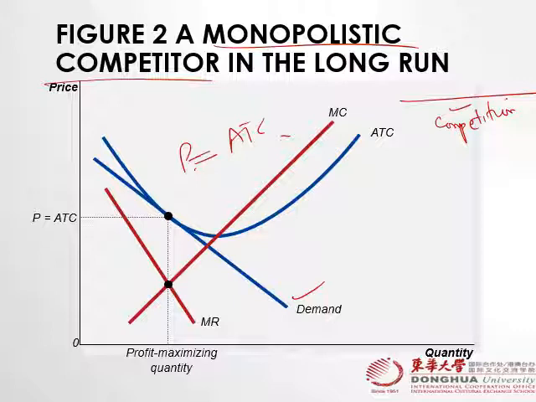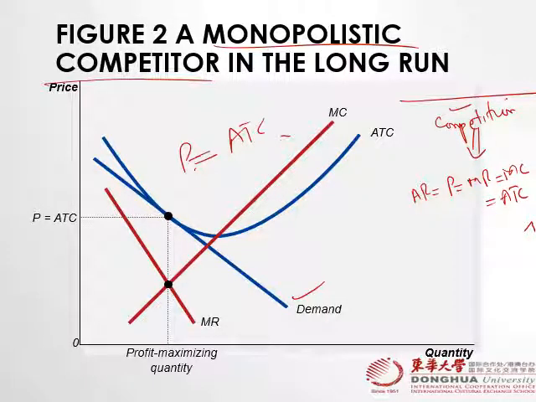In the long run, a monopolistically competitive firm behaves like a perfectly competitive firm, but with a slight difference. Did you see that here? What is the condition for a long run competitive firm? That average revenue is equal to price is equal to marginal revenue, and it is equal to MC, and that is equal to ATC.